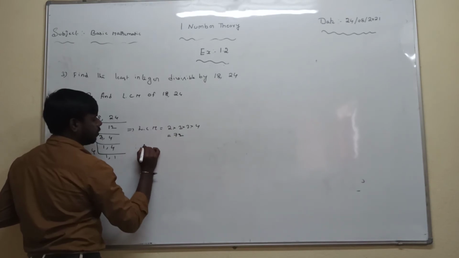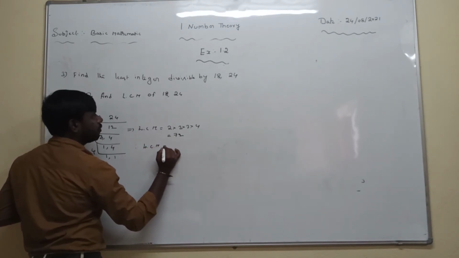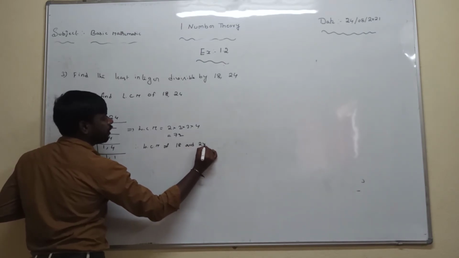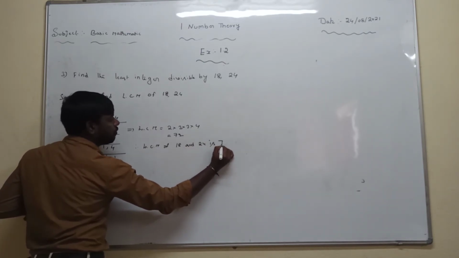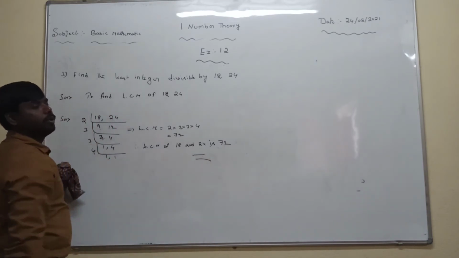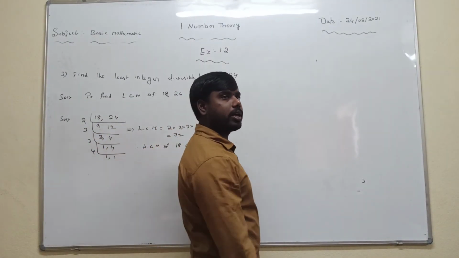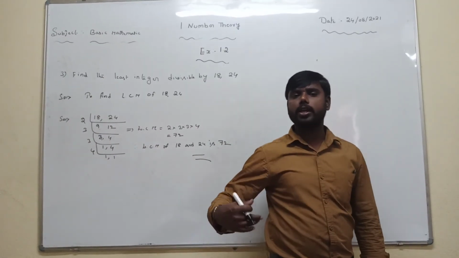So therefore the LCM of 18 and 24 is 72. This is the required solution of this question, students. Do you understand why we are applying the LCM method?